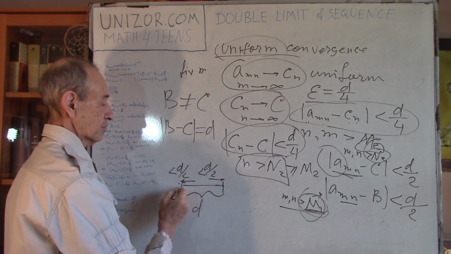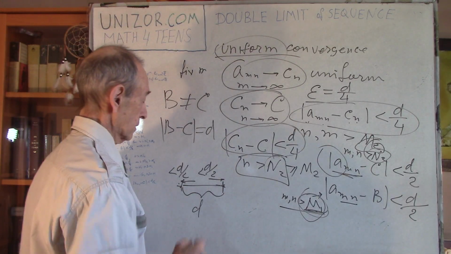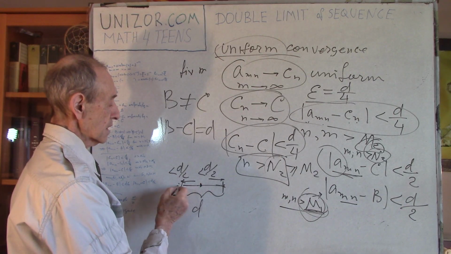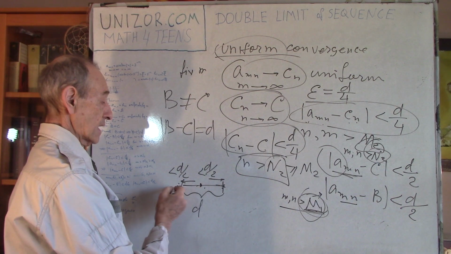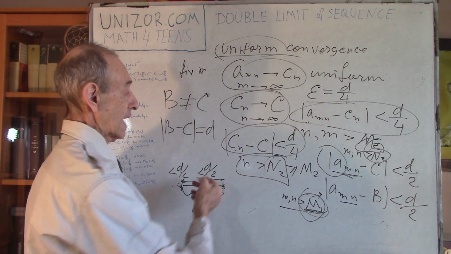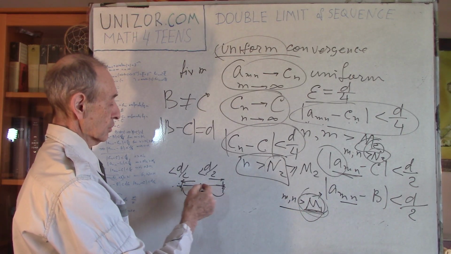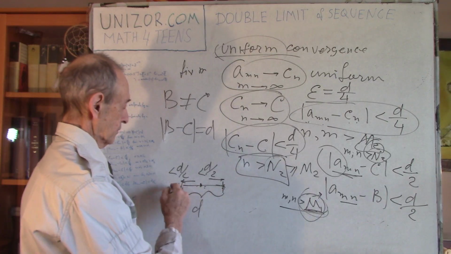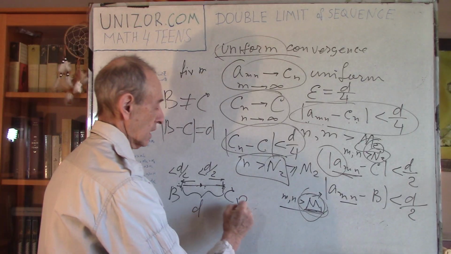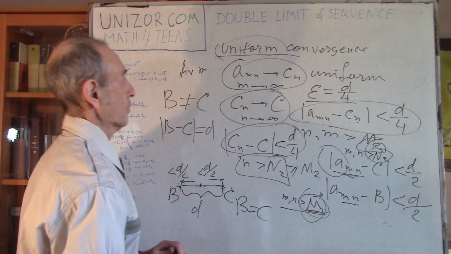Then the difference cannot be d, obviously, right? Because even if it's right in the middle, it will be equal to d over 2. So if this is less and this is less, there is basically no way to put a_mn closer than d over 2 to both B and C. Which means that B is equal to C, which is supposed to be proven.